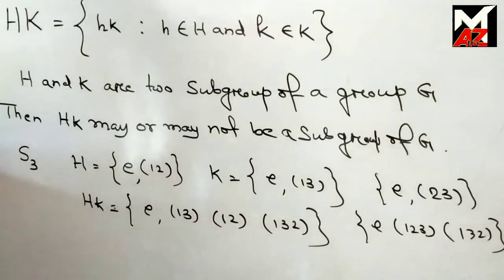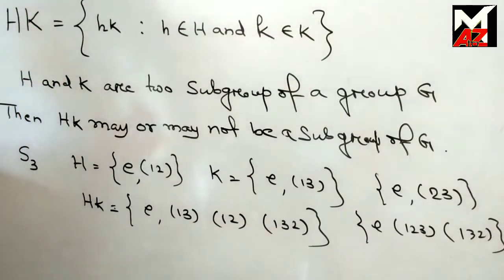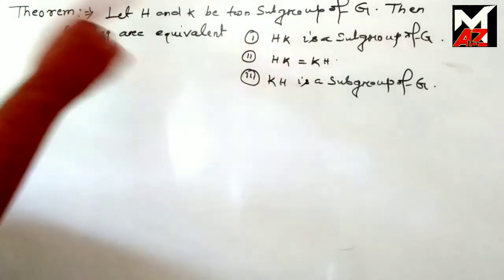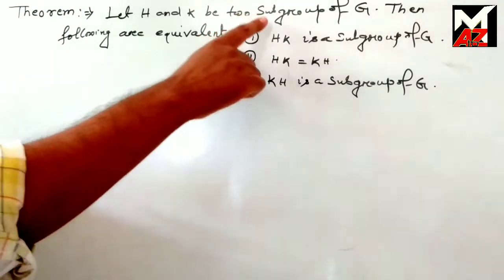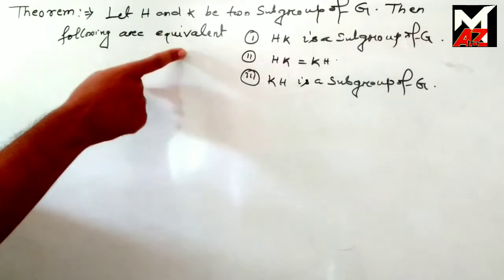Now here we try to find under what condition HK is also a subgroup of the group G. To find the condition, we state it together with its proof: let H and K be two subgroups of G, then the following are equivalent.